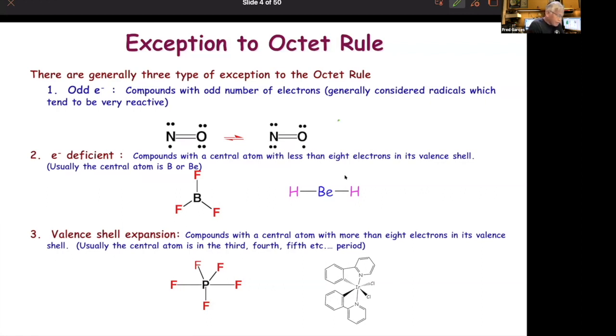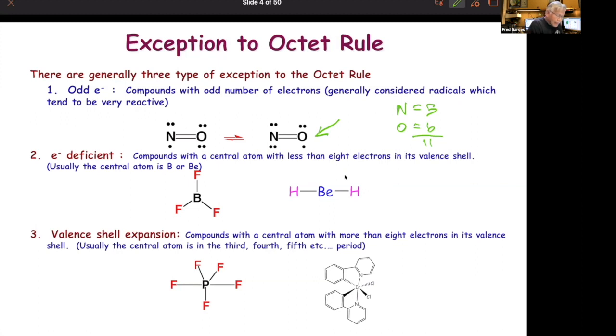Whenever you have an odd number of electrons, see here, nitrogen comes in with 5, oxygen comes in with 6. This is going to be 11 electrons. You're never going to obey the octet rule. It's always going to violate the octet rule when you have an odd number of electrons.